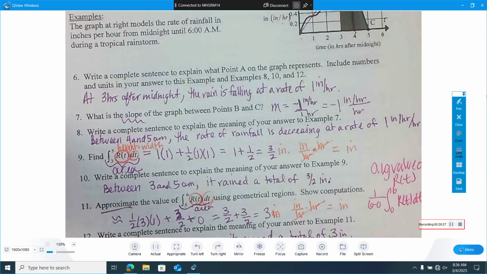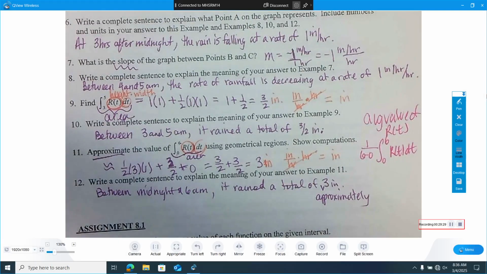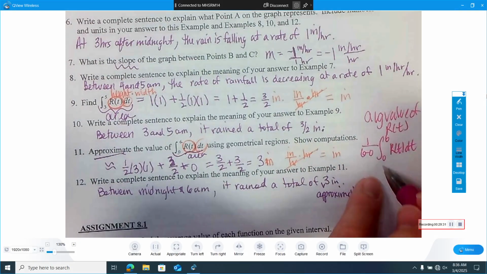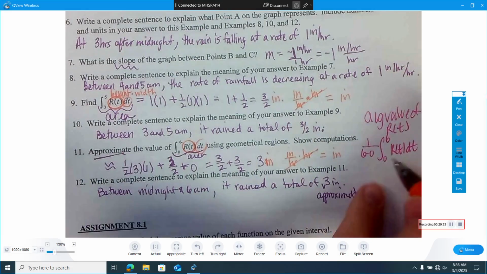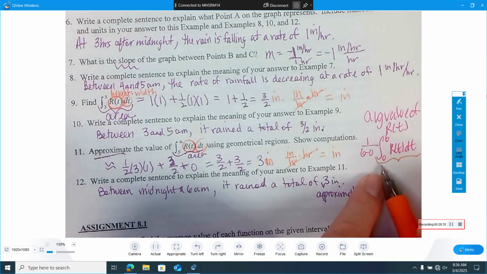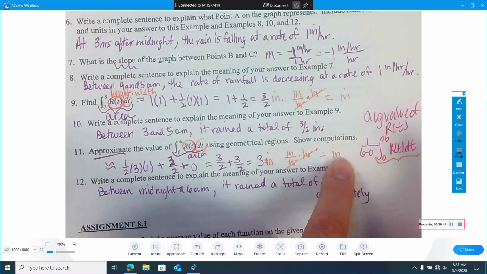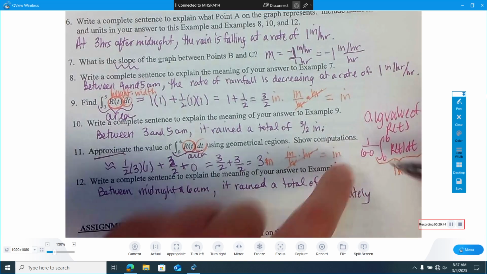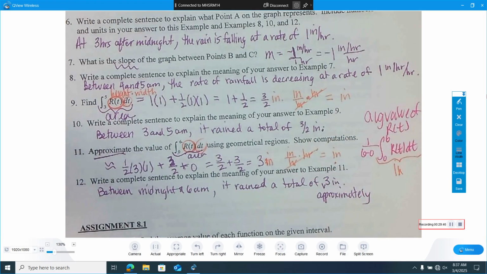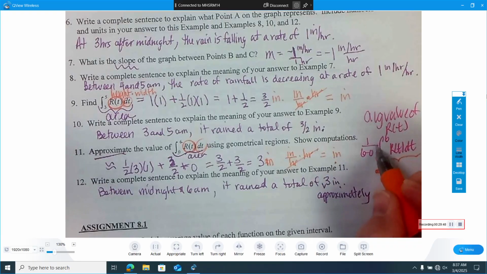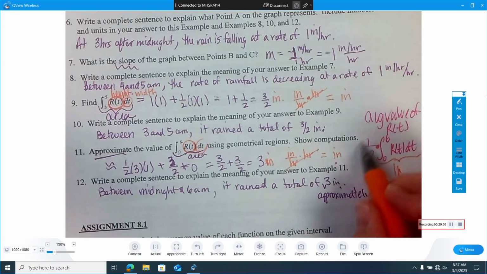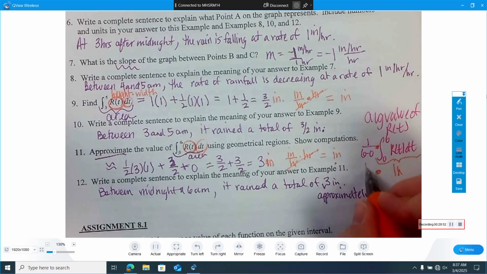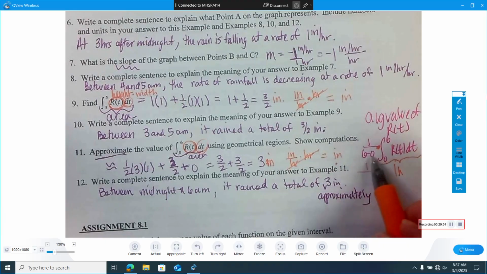Let's analyze those units really quick here. We know, because we've already done this, that from 0 to 6 of R of t, those units are simply inches. But this 1 over b minus a that we're multiplying by, what are the units here? 1 over 6 minus 0.